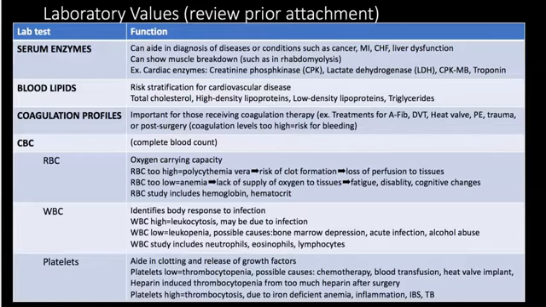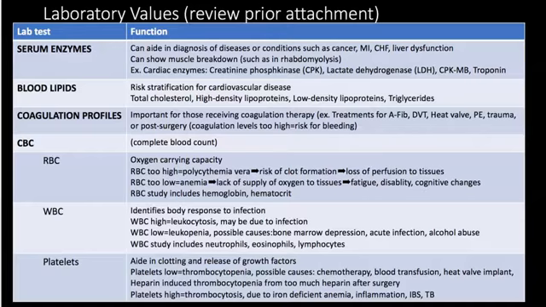With complete blood count, there are a few different things that are tested. The red blood cells, or RBCs, are looking at the oxygen carrying capacity. If things are too high, that is termed polycythemia vera, and in that case you would have the risk of clot formation and loss of perfusion to tissues.